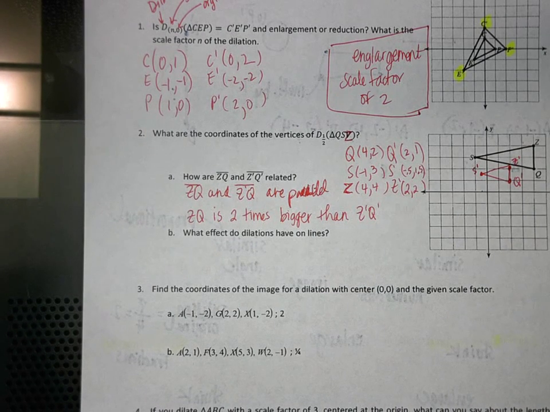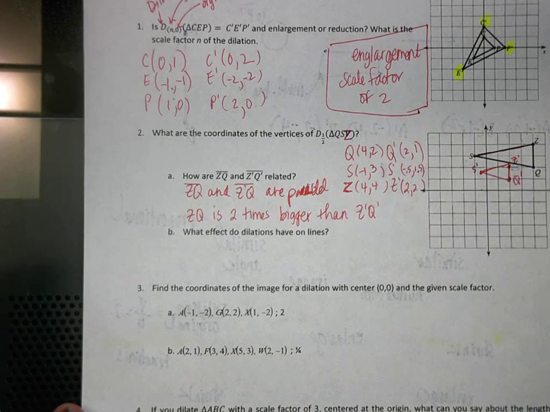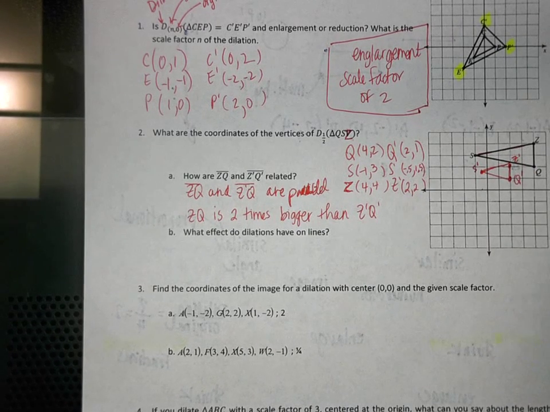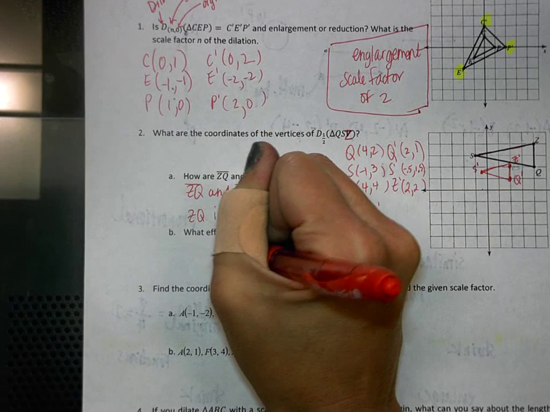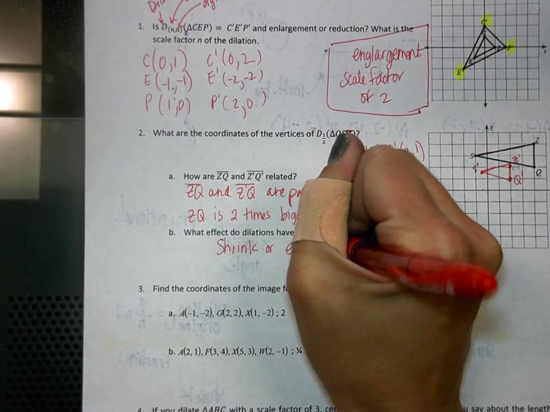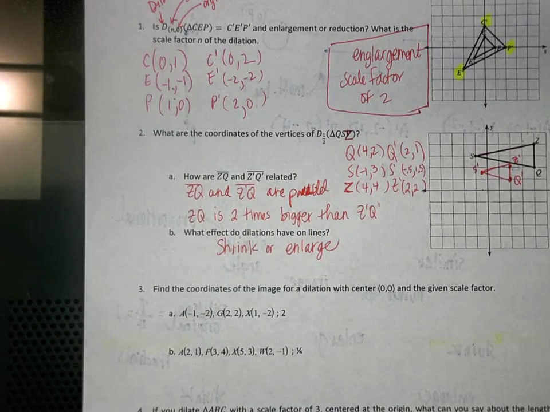And then specifically it says, what effects do dilations have on lines? So each of these lines, what kind of effects do they have on the lines? They either shrink or enlarge. Good. So their lengths work. I'm going to put shrink or enlarge. So whenever you use a dilation, you are going to either shrink or enlarge.